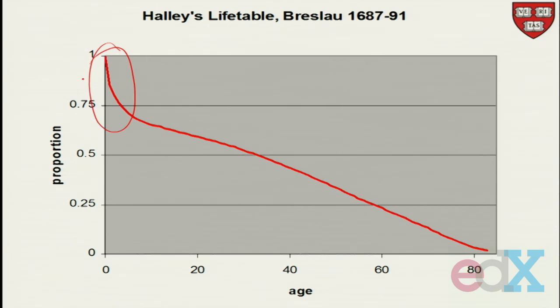Look what happens by age 10. There's only about 60% reach age 10, maybe a little bit more than that. So it's a fantastically big precipitous drop here. And then after that, look at this, it's very interesting. It's almost like a straight line.